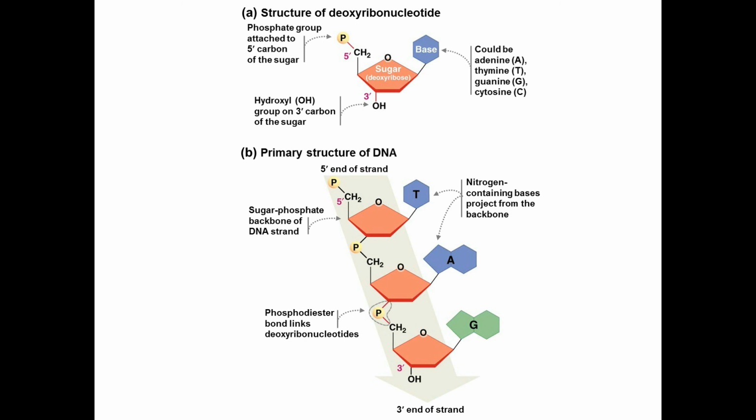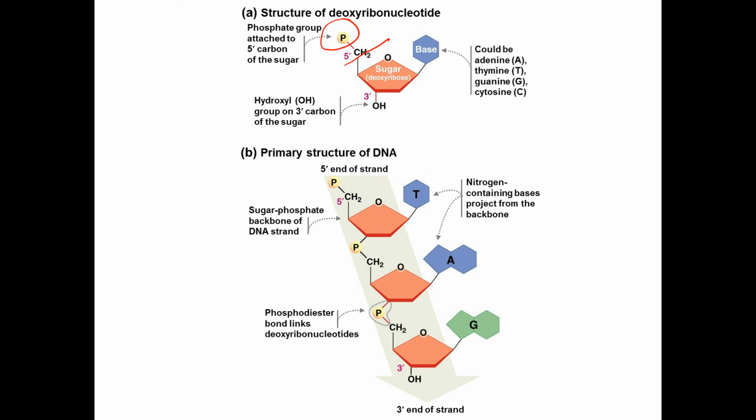So one end of the strand is referred to as the 5' end. Why is that? It's referred to as the 5' end because you have this free 5' phosphate group that's attached to the 5th carbon of your deoxyribose sugar.